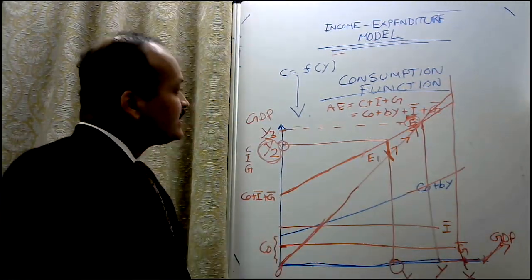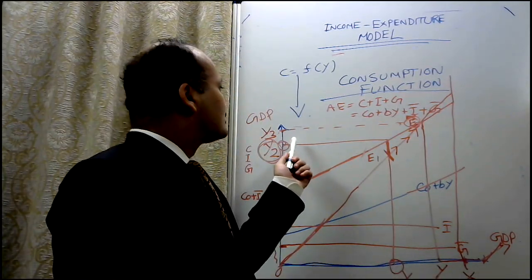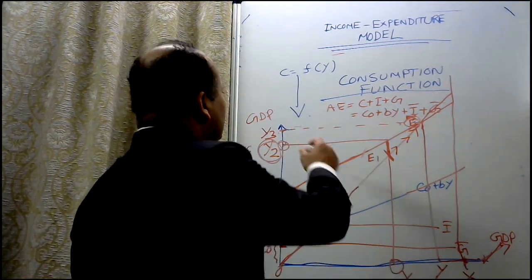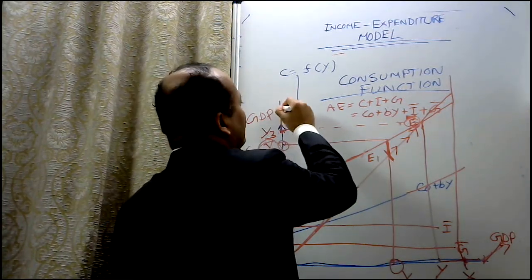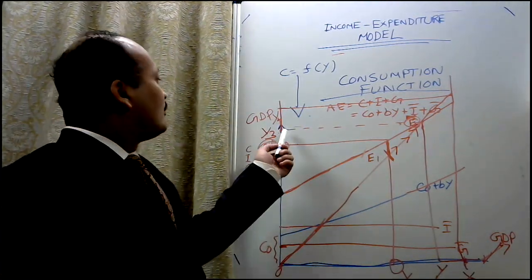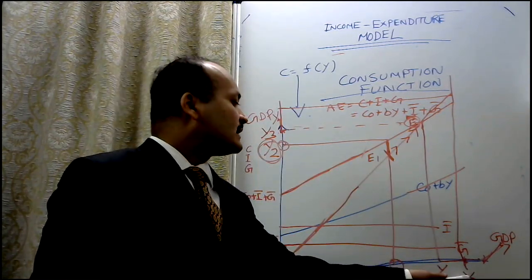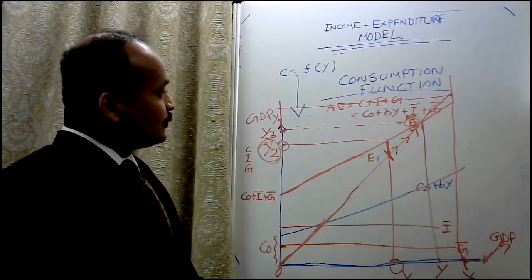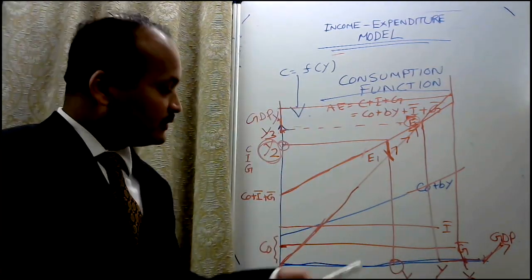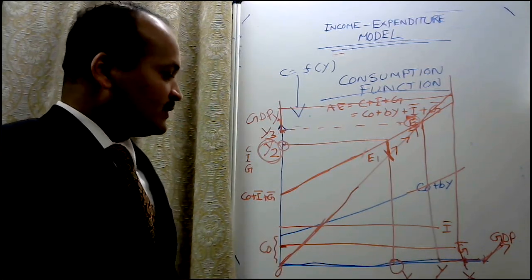The income that is generated in the production process is Y3, but expenditure is stuck at a level much lower than what should ideally be there to support it. In other words, expenditure is falling short of the required expenditure to support this higher level of income. That means adequate expenditure is not taking place in the economy to support this high level of income, or the output that is being produced.